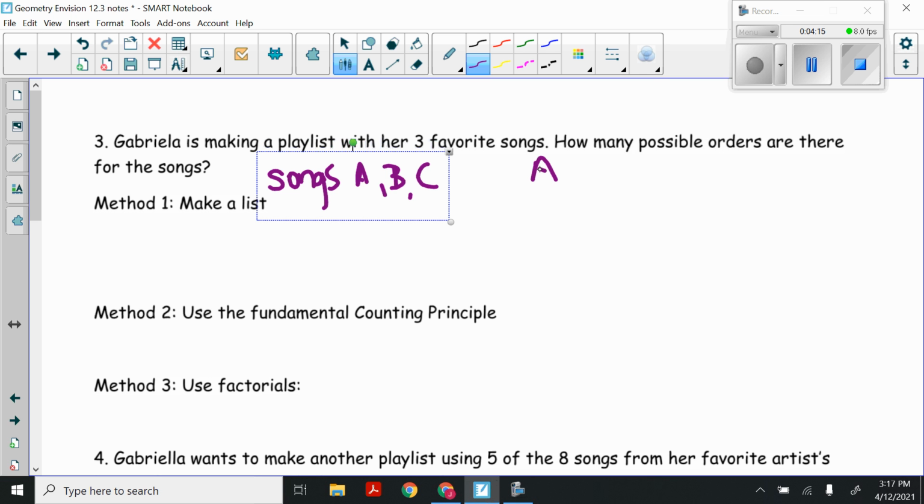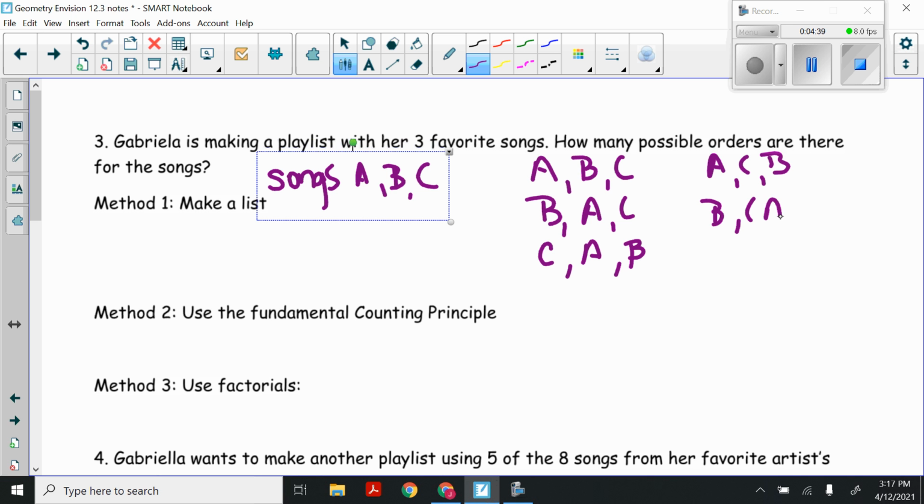So we could do A, B, and C. Then I could change the A and B and make it B, A, C. And then I can change the C and make it C, A, B. So then up here, A, B, C, I could switch the B and the C, and so make that A, C, B. Here I could switch the A and the C and make this B, C, A. And finally, C, A, B, switch the A and B and make it C, B, A. So we see that there are 6 different choices.